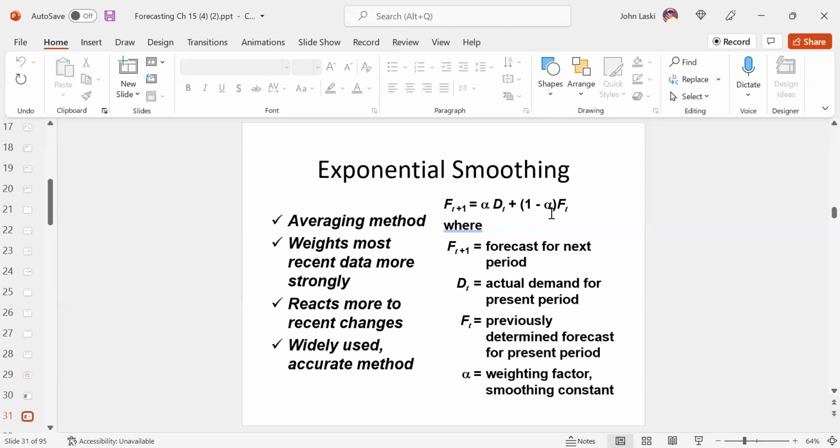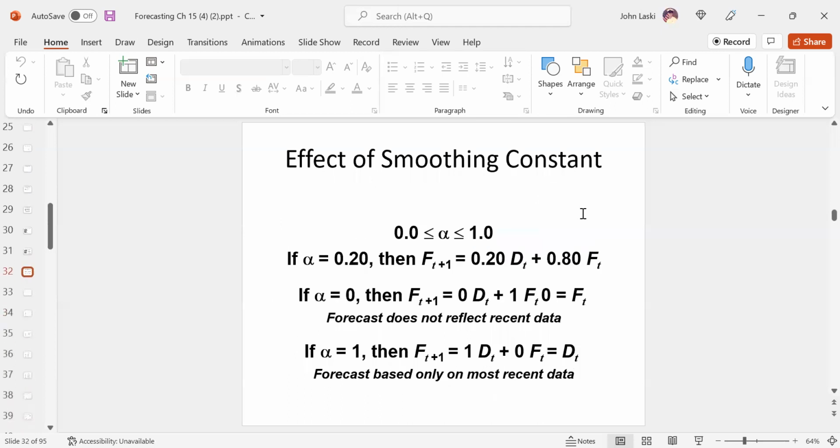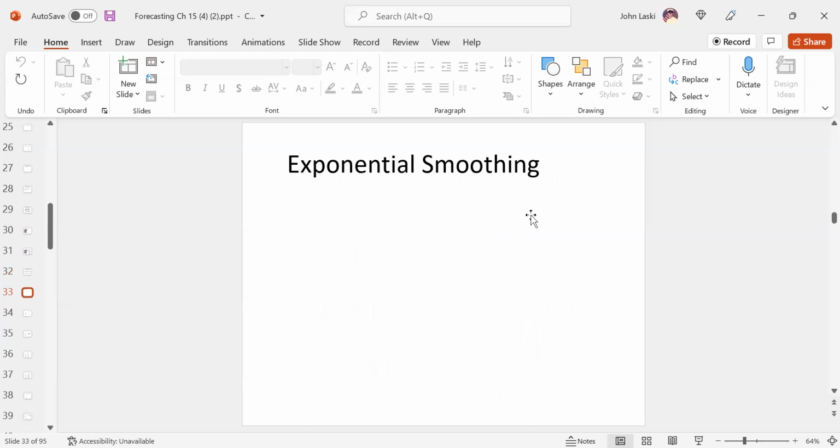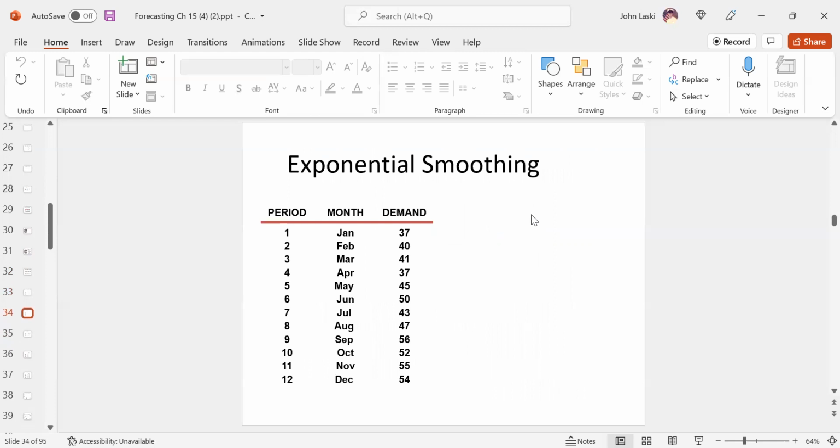We'll see in a minute how that plays. So alpha times the current demand plus 1 minus alpha times the current forecast. Everything, we know, has to be between 0 and 1, or 0 and 100 percent, and you can spend time looking at that.